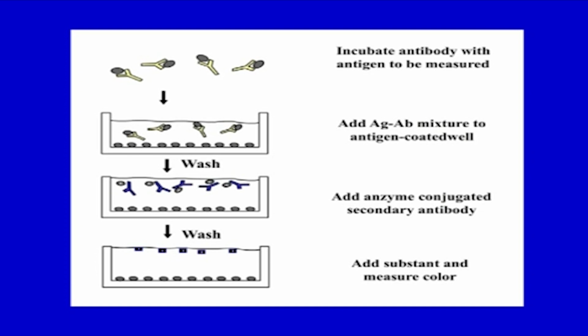There is antigen coated in the well and this complex is added to that well, then interaction will take place, where it is not shown here clearly. There will be a competition between the well coated antigen and the one which is bound, and some antibodies will bind depending on the concentration. Then enzyme conjugated antibodies against the primary antibodies are put in, and finally substrate is added and product formation takes place.